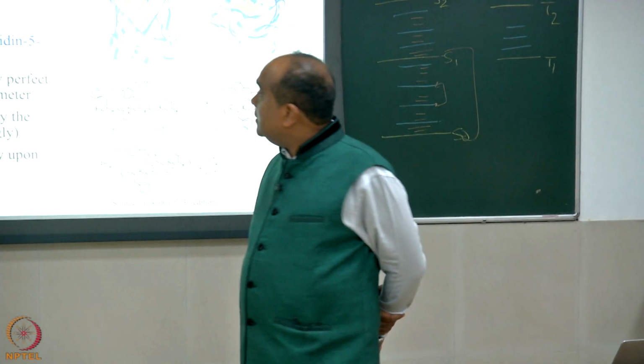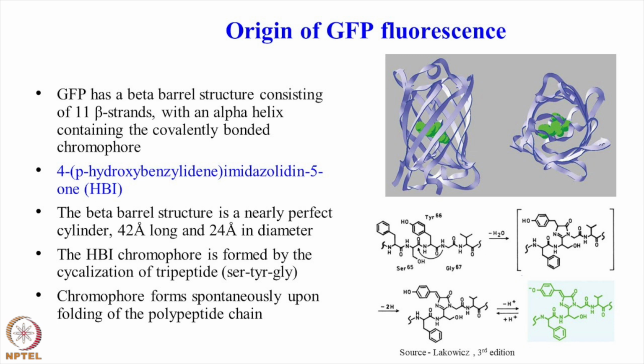Now, where is this fluorescence coming from? GFP is a beta barrel protein consisting of 11 beta strands and an alpha helix containing a covalently bonded chromophore, and this chromophore is HBI. The beta barrel is nearly perfect, about 42 angstrom long and 24 angstrom in diameter, and the HBI chromophore is formed by cyclization of a tripeptide of serine, tyrosine and glycine, which spontaneously folds in the polypeptide chain.